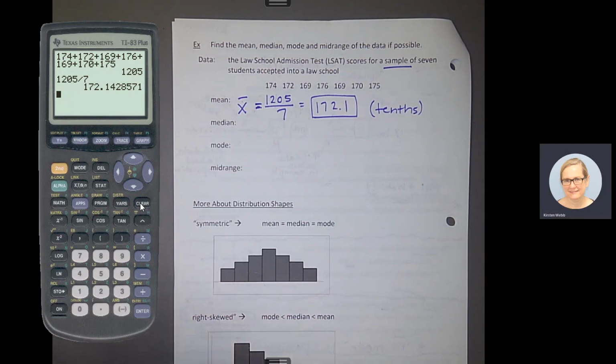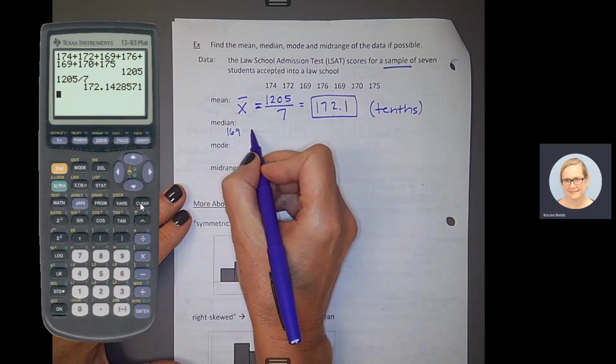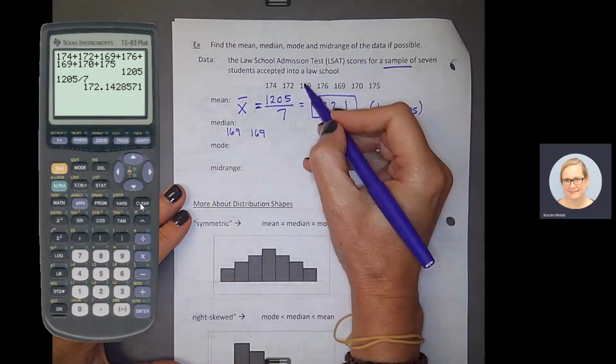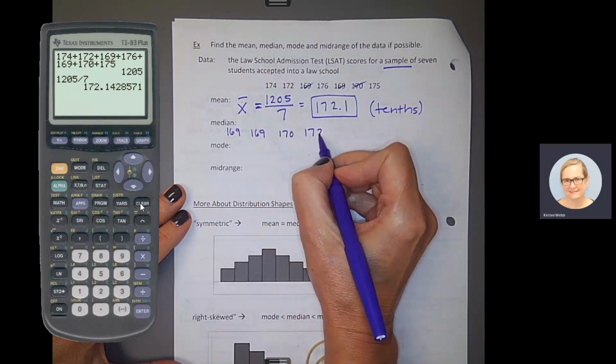What's the first and most important step for finding the median? Put them in order. These are not too many, so you might do it by hand. Or remember, you've got your calculator list you can use if you want.